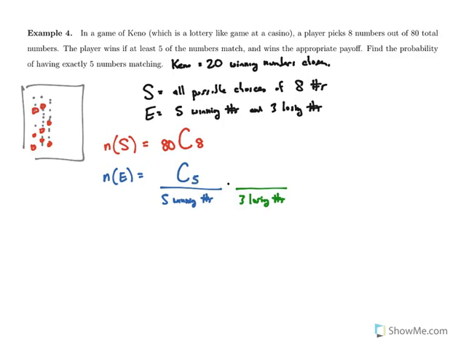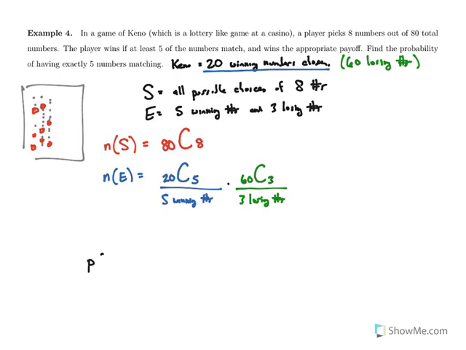And how many are we choosing from? We're choosing from the 20 winning numbers that we know are there. So it's going to be 20 choose 5. For the losing numbers, we're going to choose 3 of them, and we're going to choose from 60 losing numbers. 60 losing numbers, we're going to choose 3 of them.